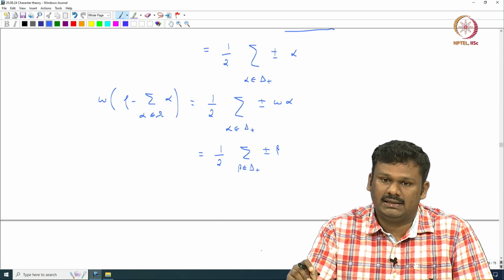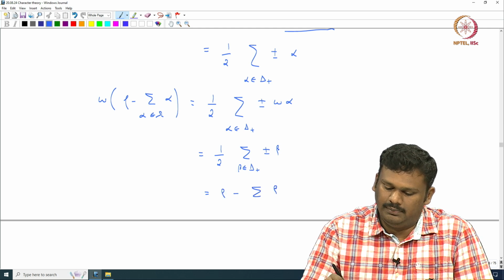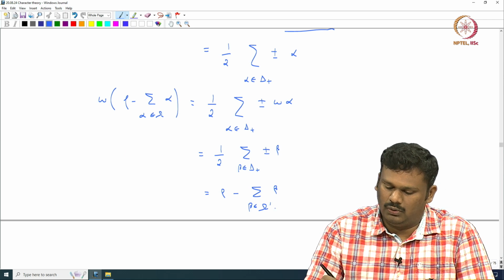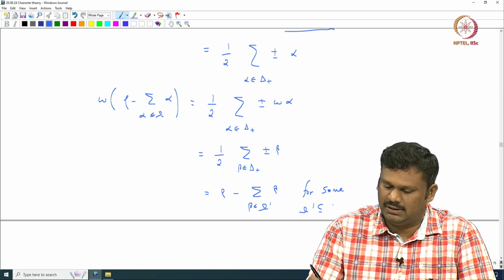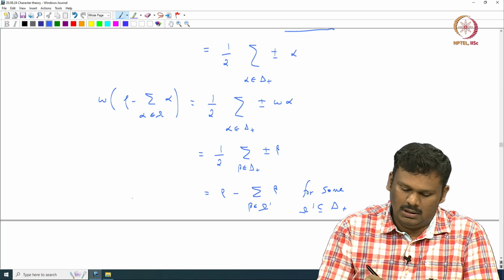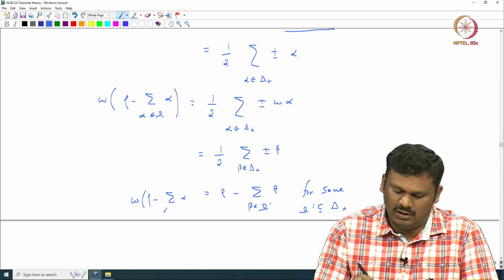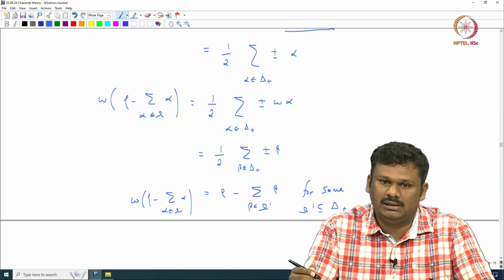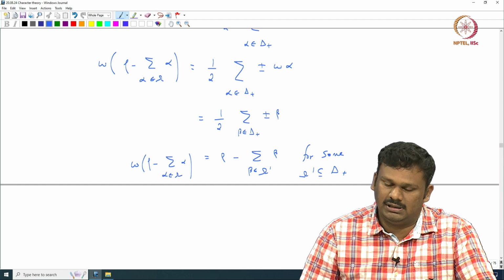Now again add and subtract rho, then you can see that this can be rewritten as rho minus the summation of beta, beta coming from some omega dash, where omega dash is a subset of delta plus. In particular, W of rho minus the summation of alpha, alpha in omega is of the form rho minus the summation of beta, beta in omega dash, for some subset omega dash of delta plus.